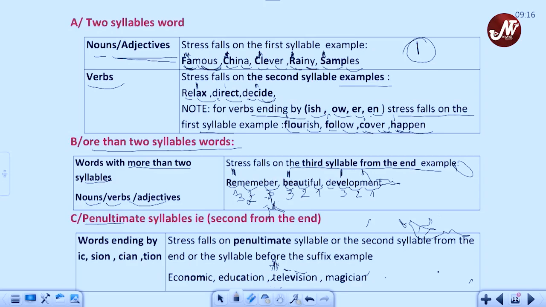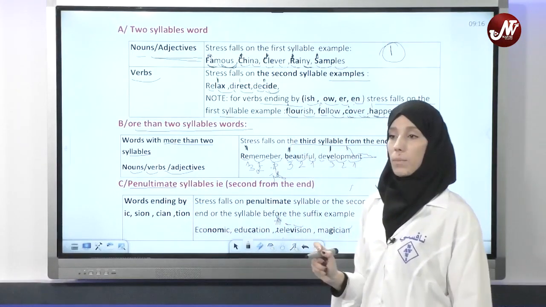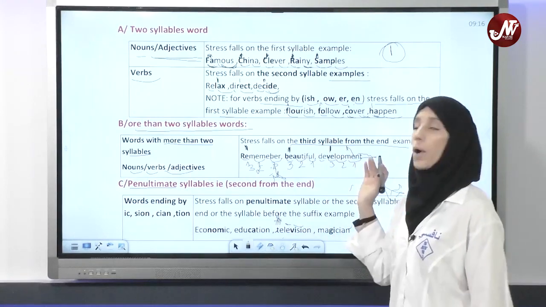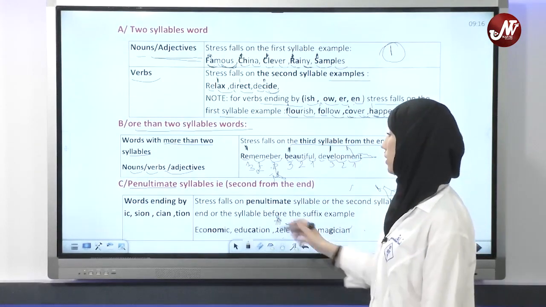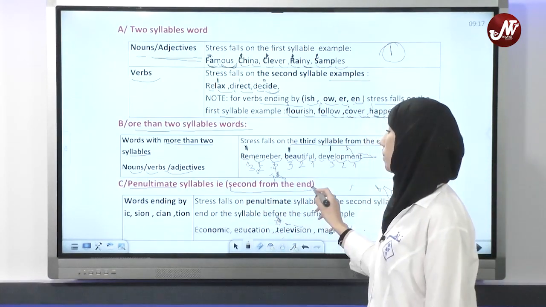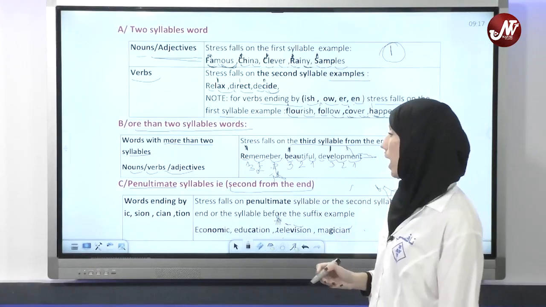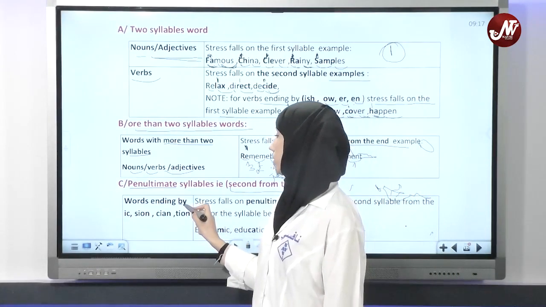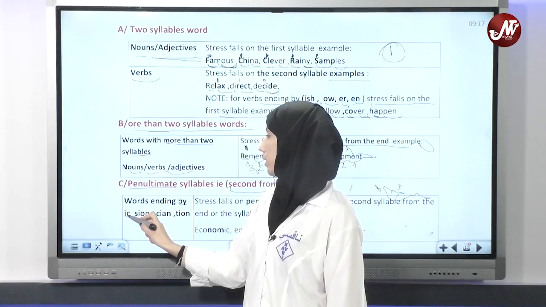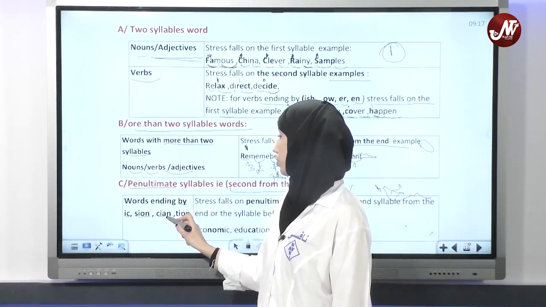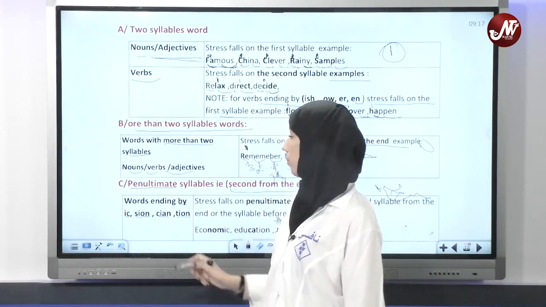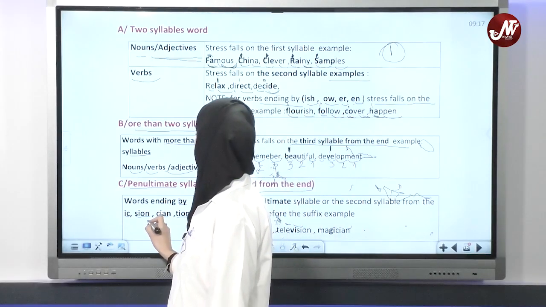Penultimate syllable. Penultimate, it means the second from the end. Penultimate in English, it means the second from the end. We have words ending by ic, ion, or sion, and tion. Also, and we must add something here.